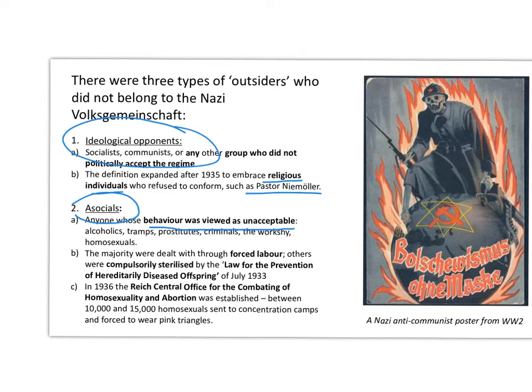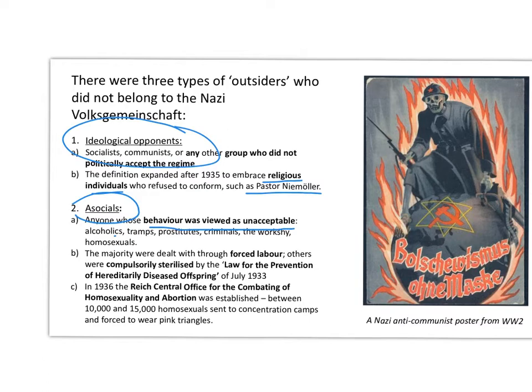So these groups, alcoholics, tramps, prostitutes, criminals, the work shy, even homosexuals, were defined by the Nazis as being social undesirables, and therefore they were not welcome as being a good German.